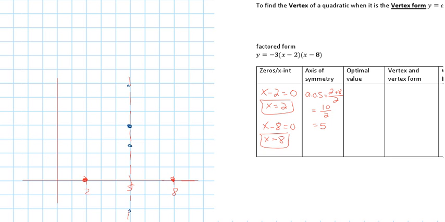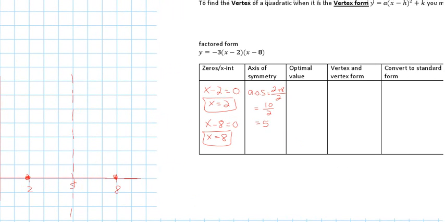Now, how do you find the optimal value? To find the optimal value, you're going to take the axis of symmetry and plug it in for x. Remember that the axis of symmetry is the x value. So I have y equals -3 times (5 minus 2) times (5 minus 8).